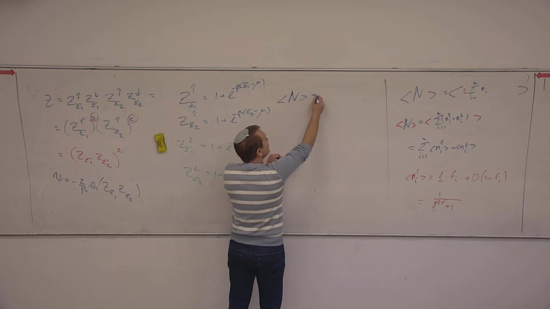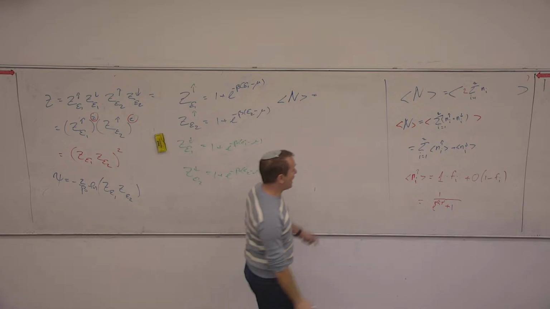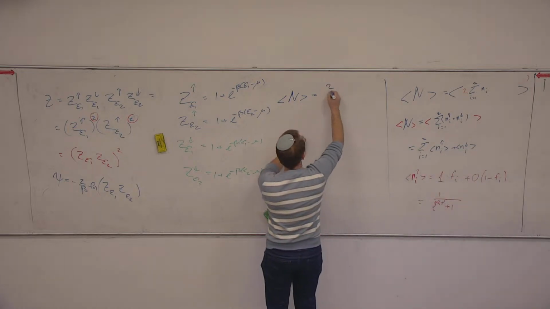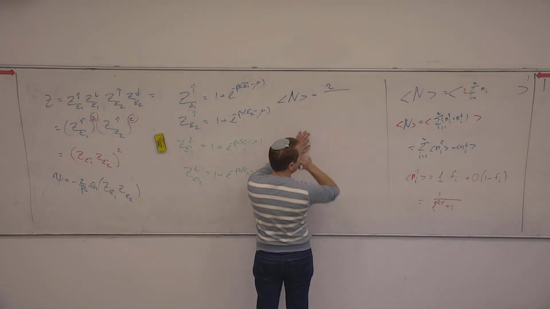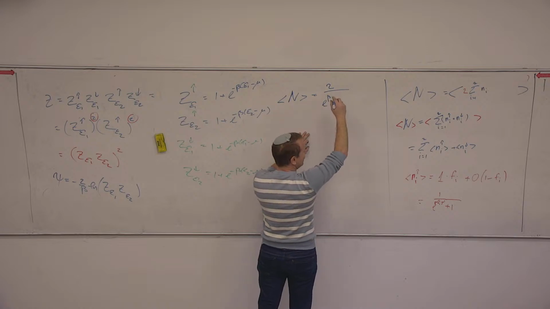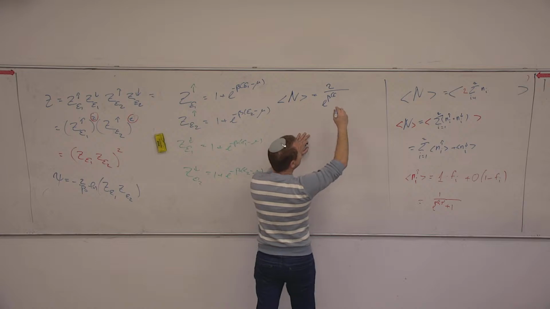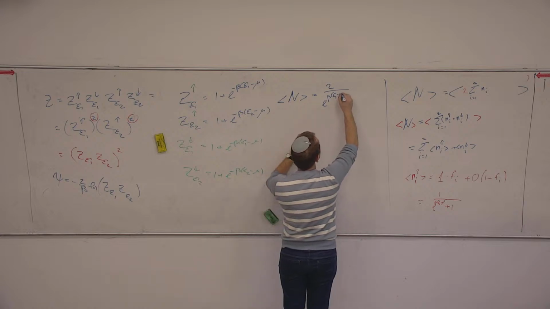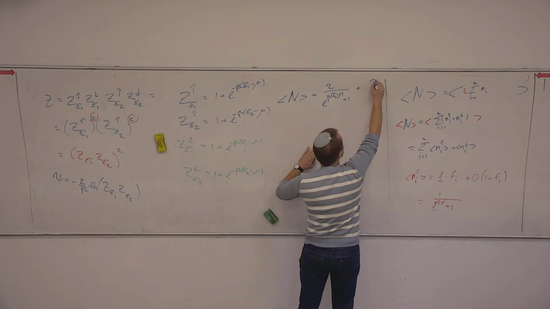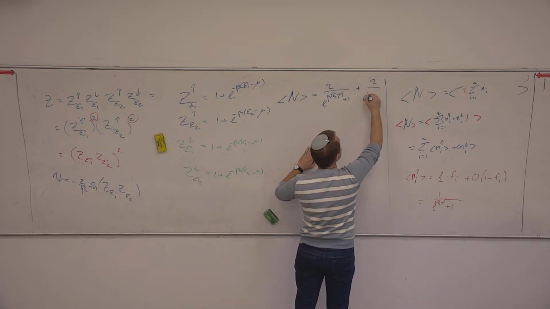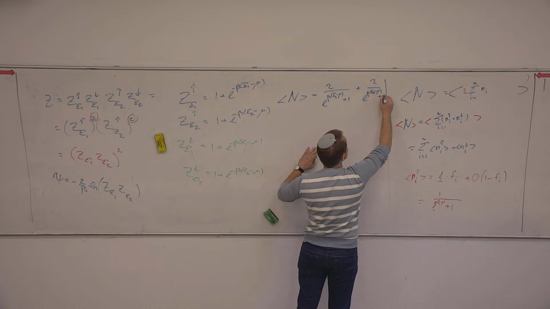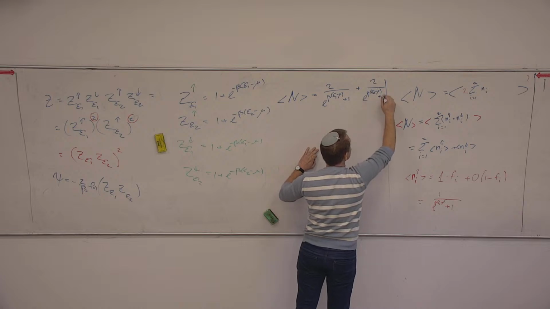Average N equals 2, so we have i equals 1: 2 divided by e to the power beta epsilon 1 minus mu plus 1, plus 2 divided by e to the power beta epsilon 2 minus mu plus 1, I'm sorry.